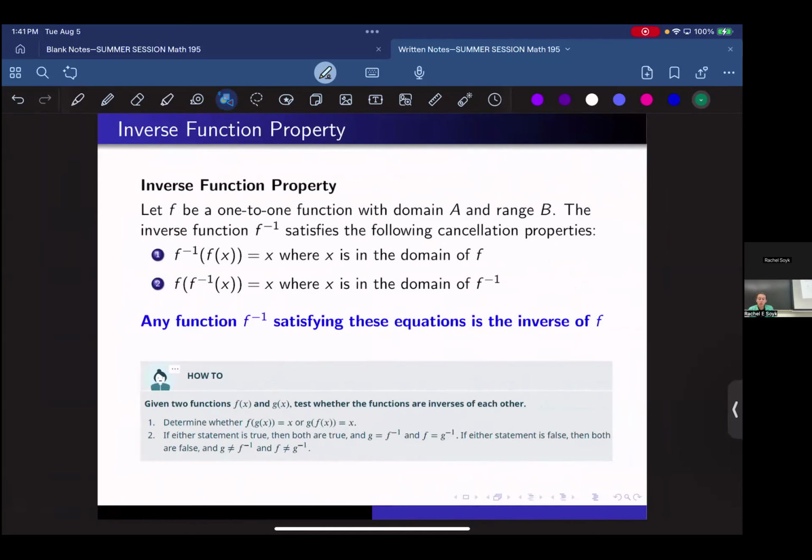Now we have our inverse function properties. Let's use pink. Let f be, once again, a one-to-one function. I know I didn't write it yet, but I'll write it over here. Passes horizontal line test, so you guys don't forget.